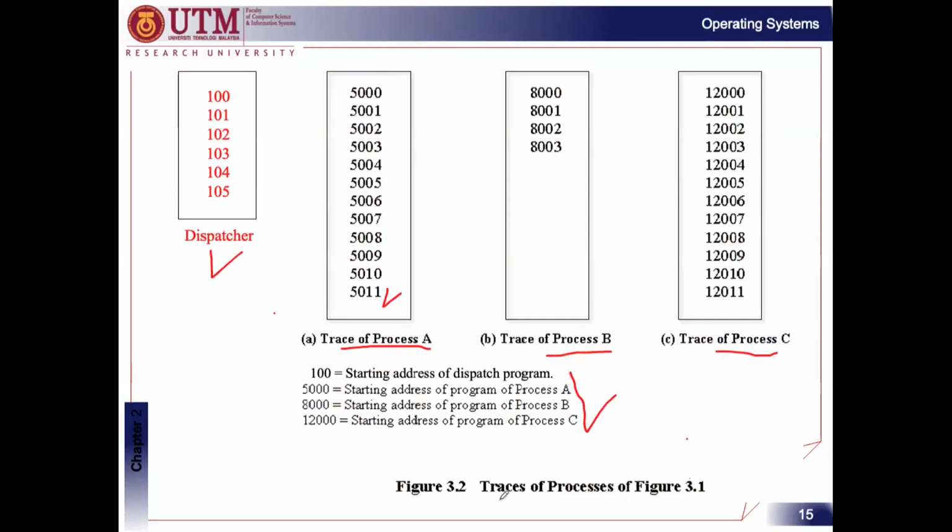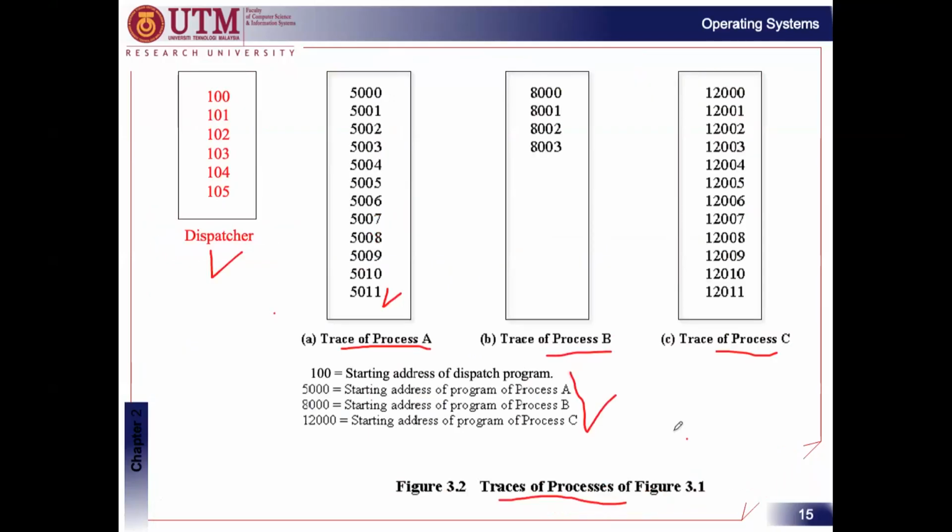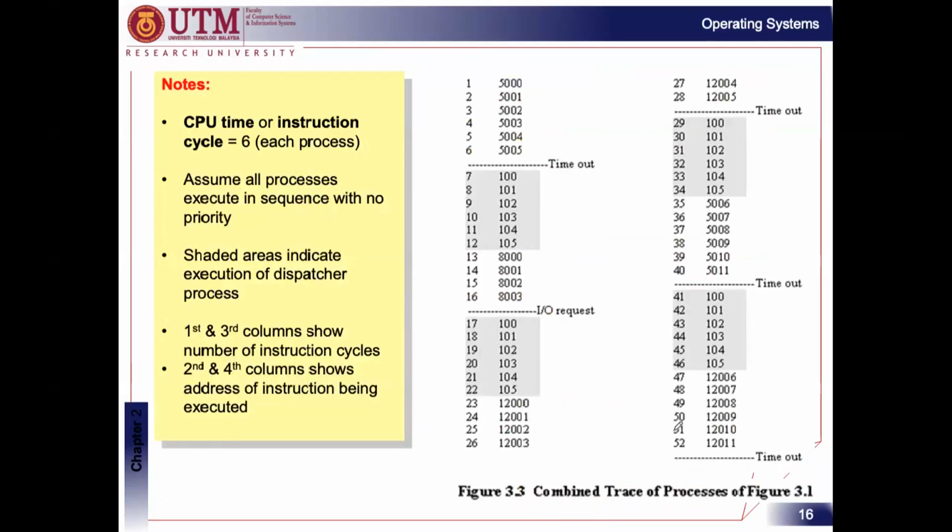So this is figure 3.2, traces of the process of figure 3.1. Next, CPU time or instruction cycle, which is 6 for each process.